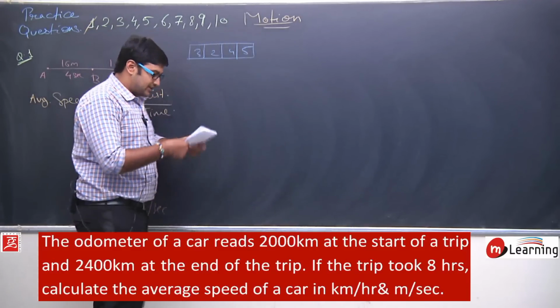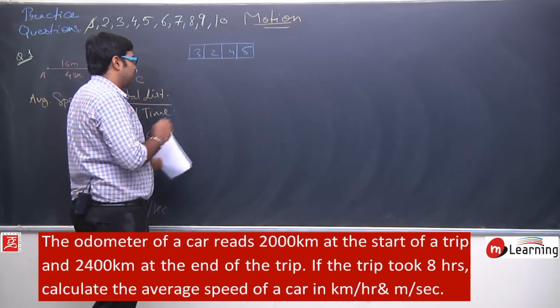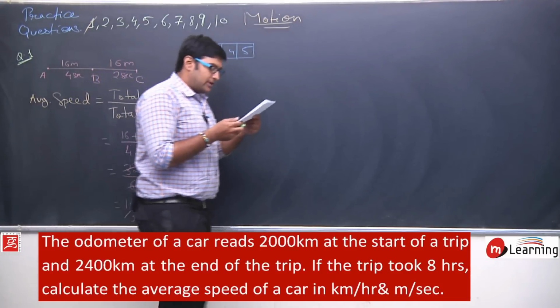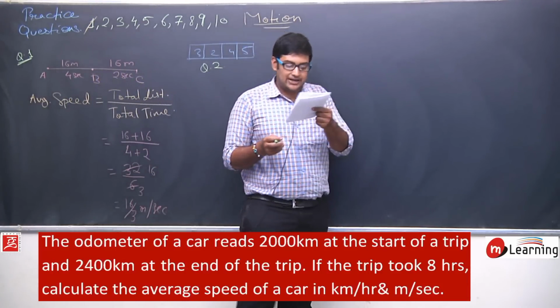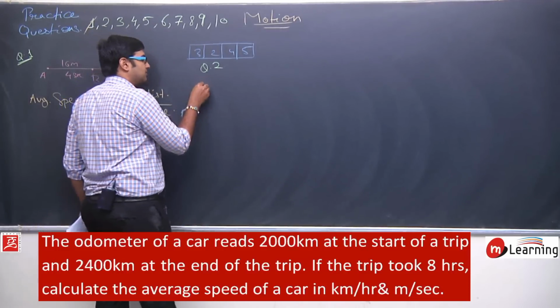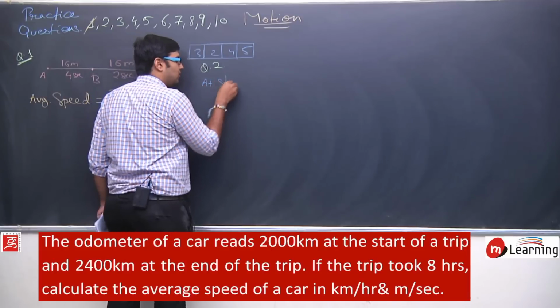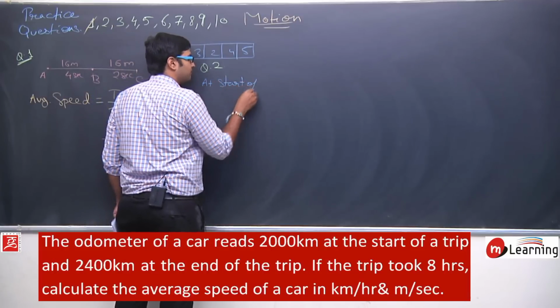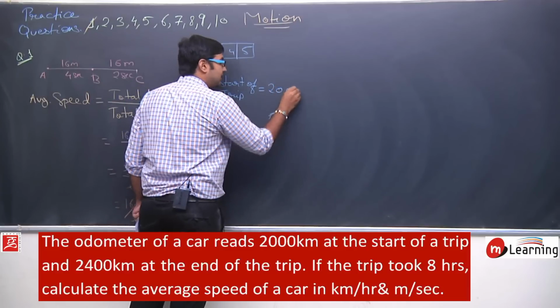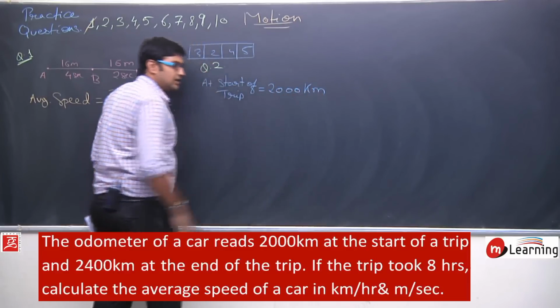Okay, so in this question it says that there is a vehicle. In question number 2, the odometer of the car reads 2000 km at the start of the trip. So the meter shows 2000 at the start of the trip. The car has already traveled 2000 kilometers.